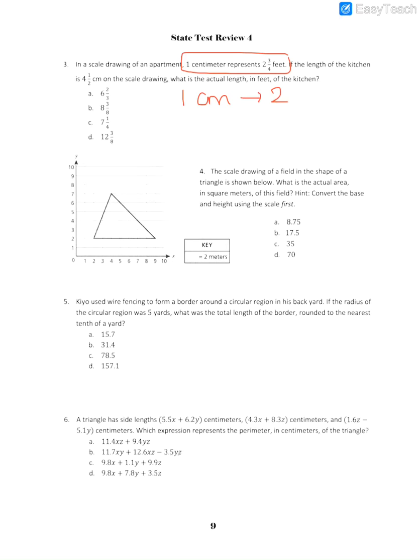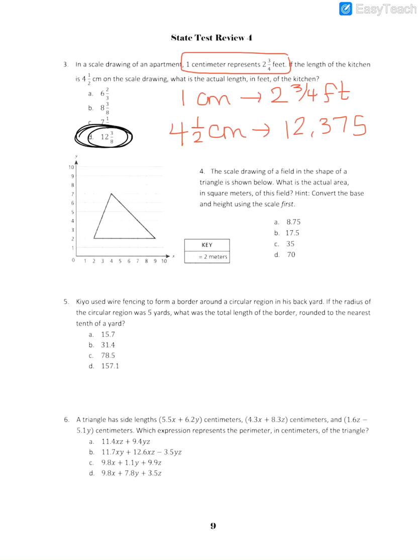That's going to be 2 3/4 feet. I want to figure out for 4.5 centimeters, so I want to multiply 4.5 by 2 3/4. And that gives me 12.375, which is 12 3/8.